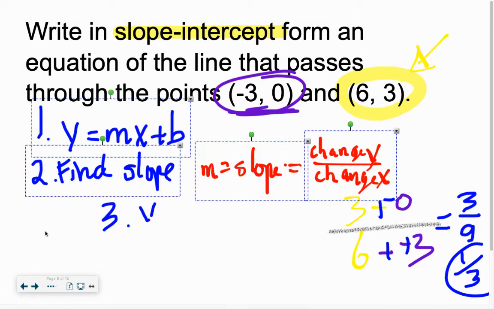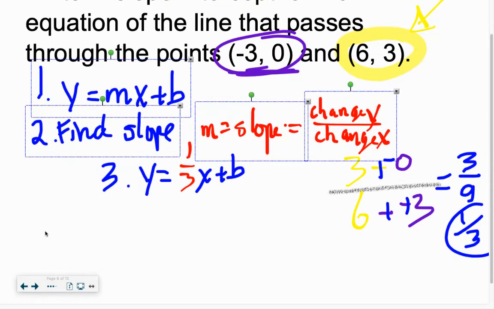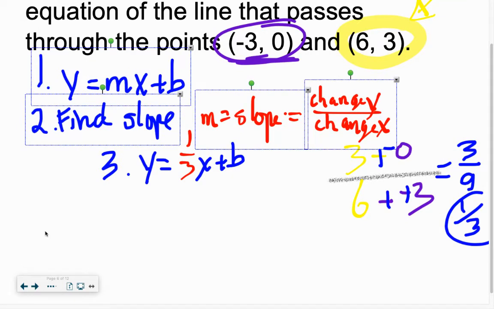Step 3, you plug it on in. So y equals, now don't put an m, but what we just found, 1/3 x plus b. Now, in previous lessons, we were able to, option 1, see our y-intercept.